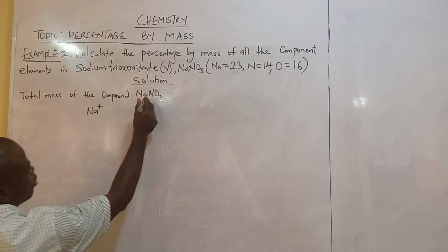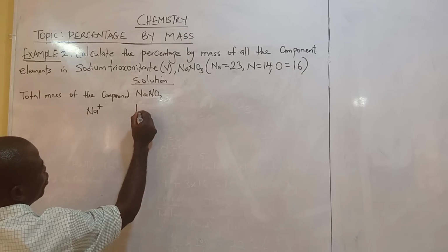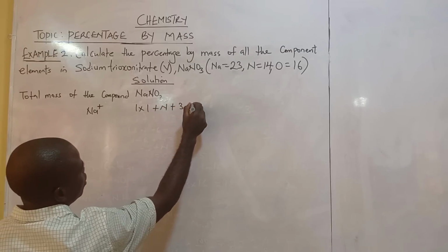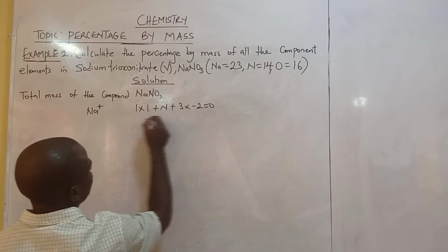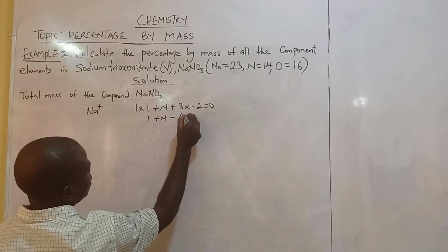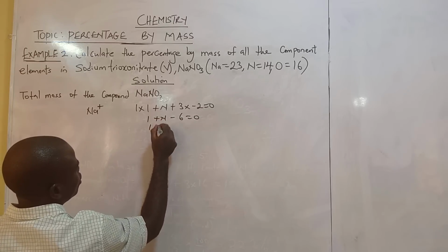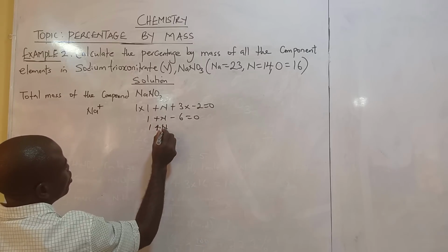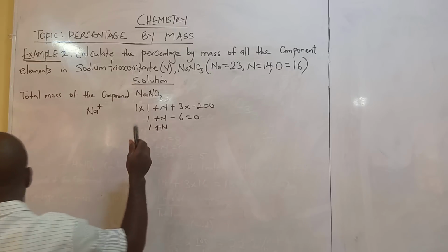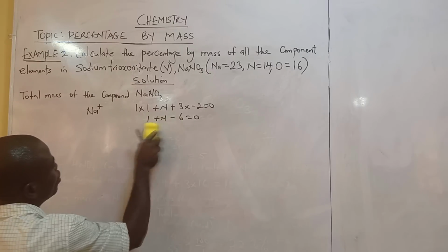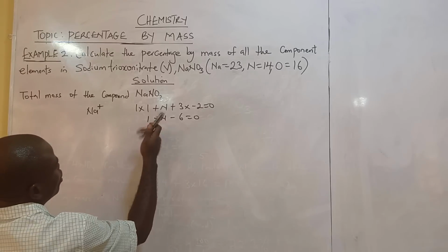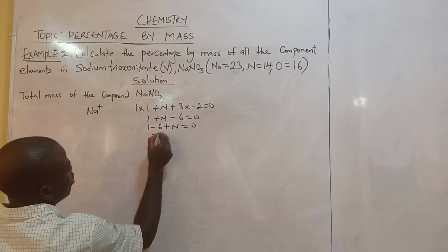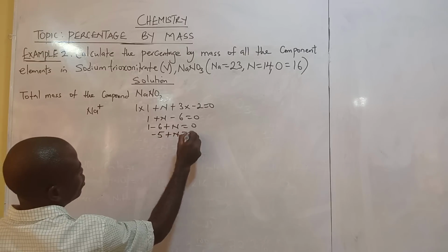That's why you now have how many of sodium here? 1 times 1 plus N plus 3 times minus 2 equals 0. 1 minus 6 plus N equals 0. 1 minus 6, that's minus 5, plus N equals 0.